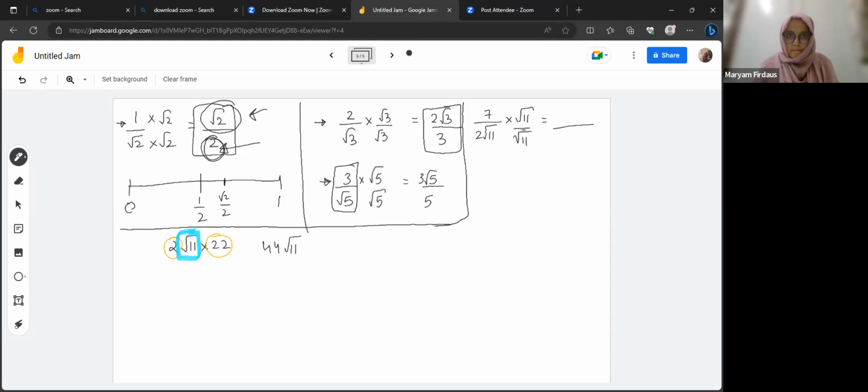Yes, Avni, you're raising your hand. 7 root 11 by 2. 2 into something, not just 2. 2 into 11, because root 11 into root 11 becomes 11. Correct. So this becomes 7 root 11 by how much? 22. So this is the answer.